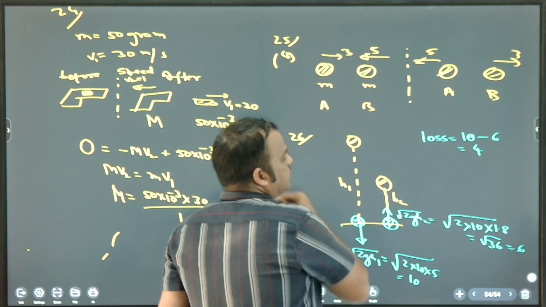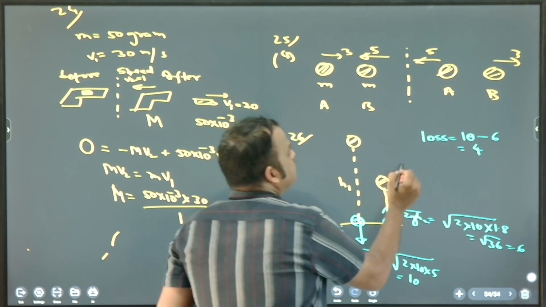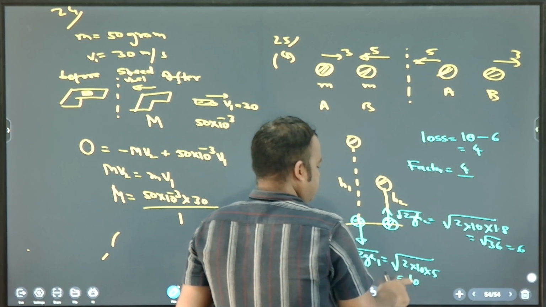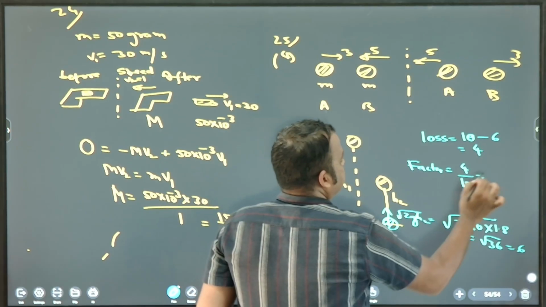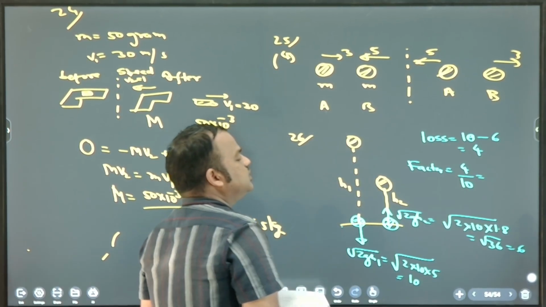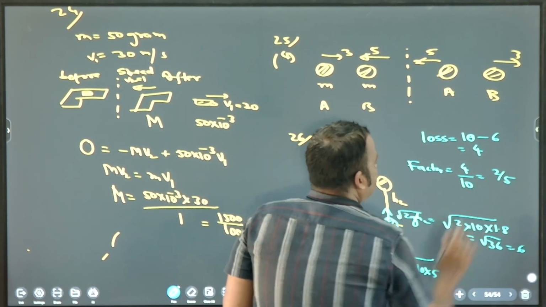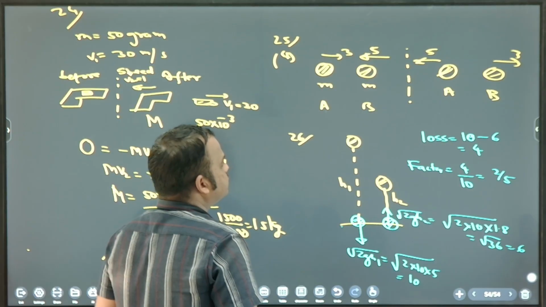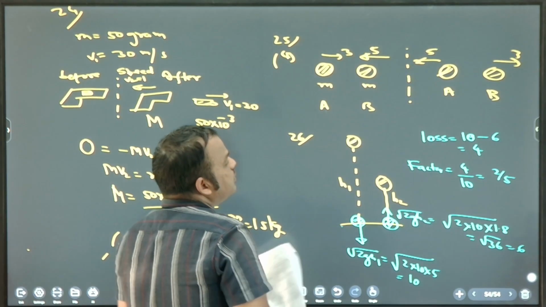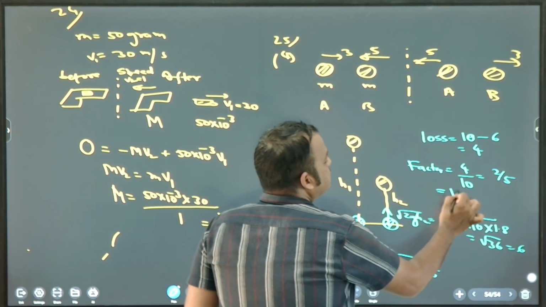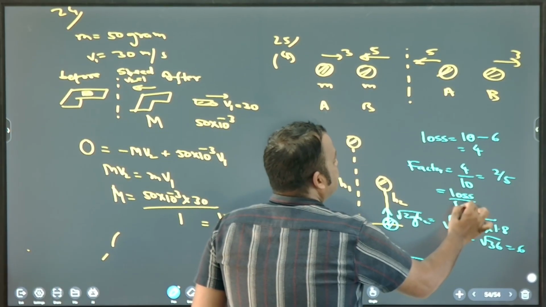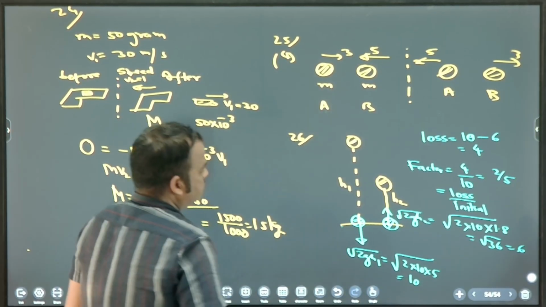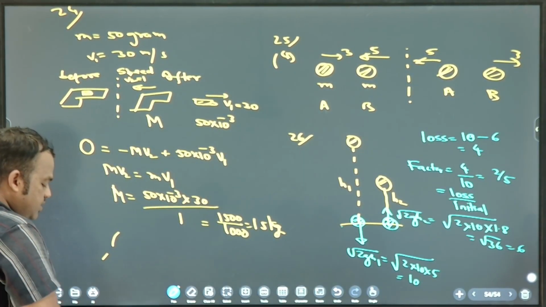So what factor is it? The factor is equal to 4 by 10, which means 2 by 5. Factor means loss by initial. Note down. Remember this: loss by initial means factor.